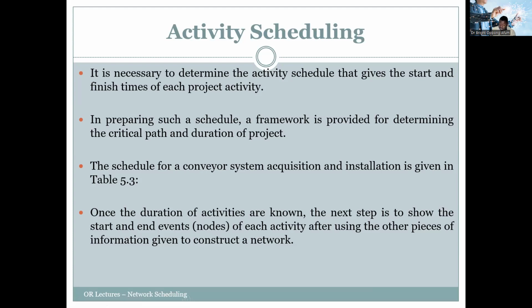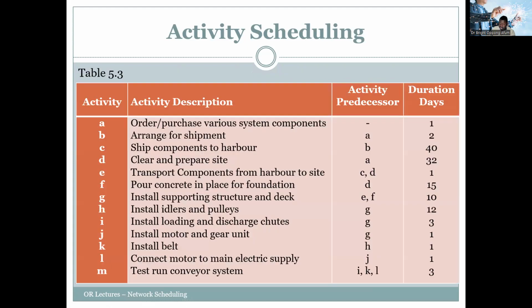So the schedule for a typical conveyor system acquisition and installation is provided in this table. So when the durations of activities are known, the next step is to show the start and end event nodes of each activity using the other pieces of information given to construct a network.